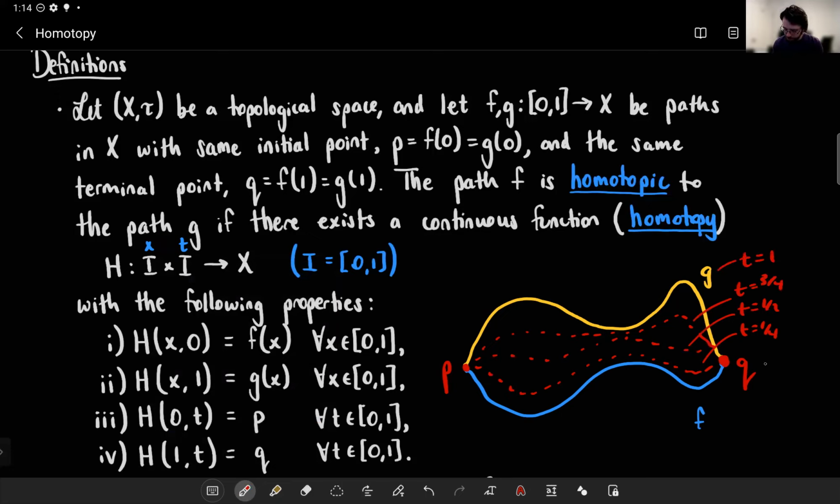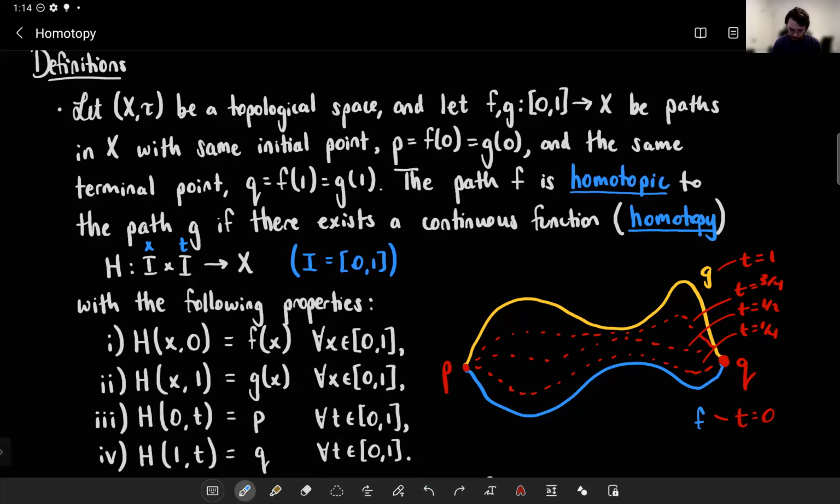At the end of your journey, you're at the function g. At the beginning, you are at the function f. And so you're thinking about time as what's happening during the deformation process. You're thinking about x then as the actual points on these paths.